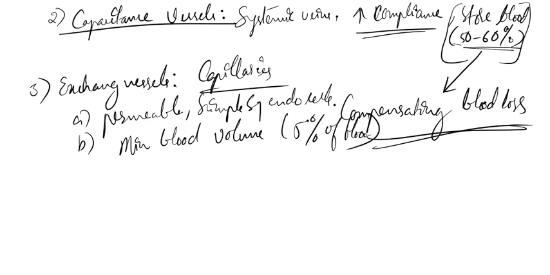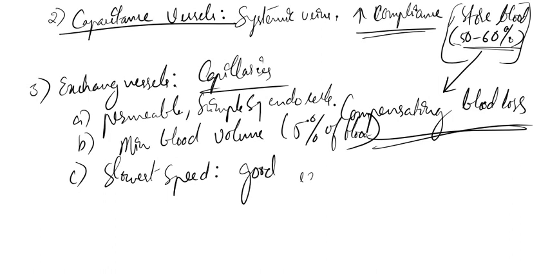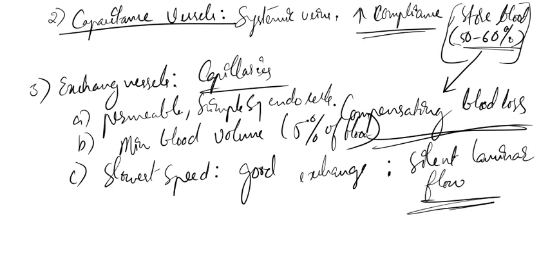And remember, they have the slowest speed, but they have good exchange capacity, as well as silent laminar flow observed in the blood flow in those capillaries. Now one more important thing is they have low pressure. Why? Because they move very slowly, they have the slowest speed, so they have low pressure.